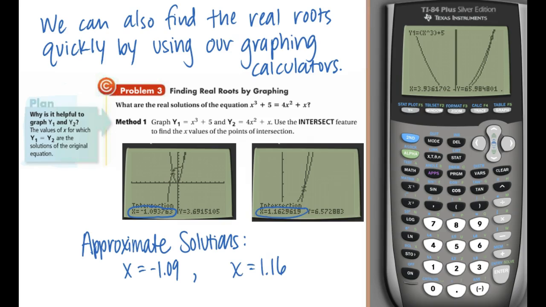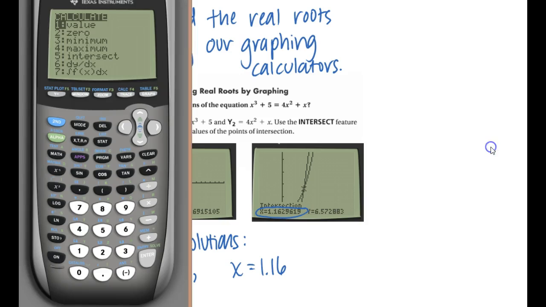For my last intersection point, I had to adjust my window to find it. So you can feel free to use the same increments and the min and max values if you'd like. So now going to trace, I am going to use the intersect button again.